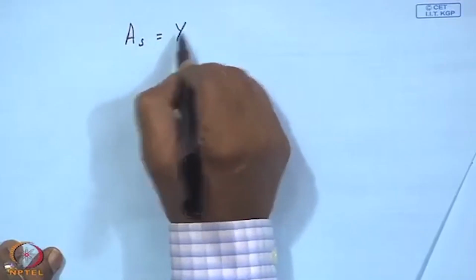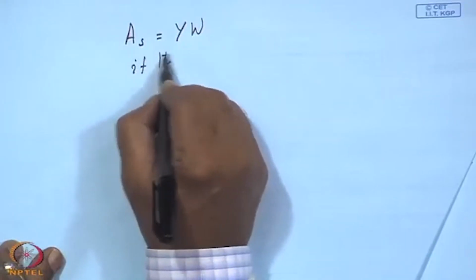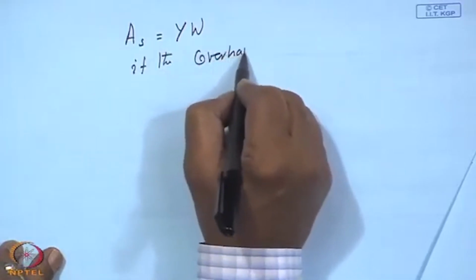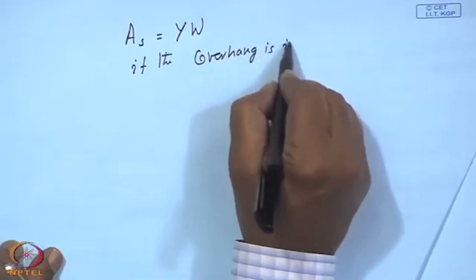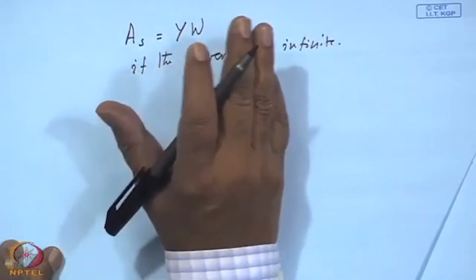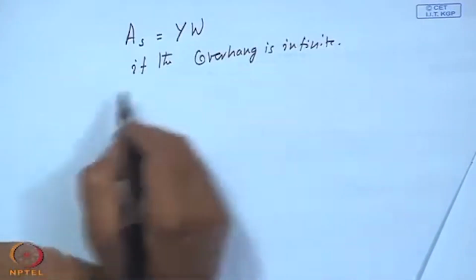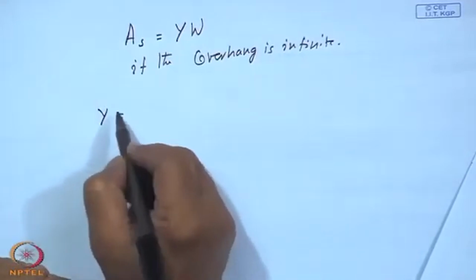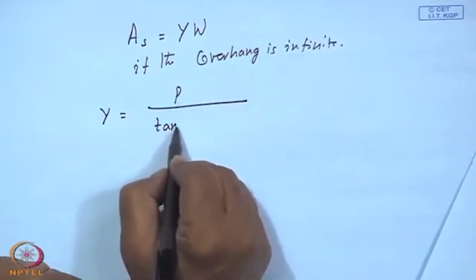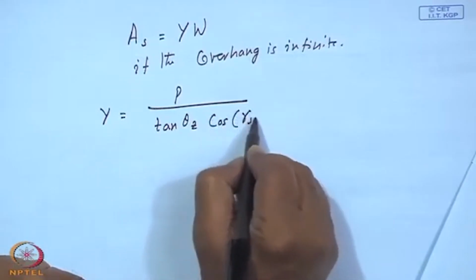A s will be y into w if the overhang is infinite. So it is a rectangle no matter how much more than the width of the window it is going to have, and you can write y will be equal to the projection P upon tan theta z cos gamma s minus gamma.